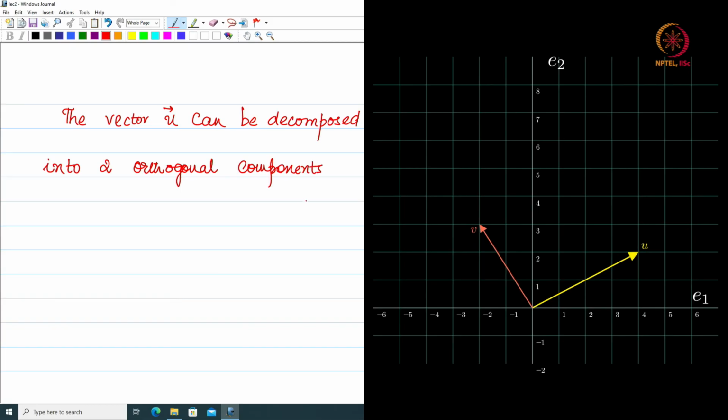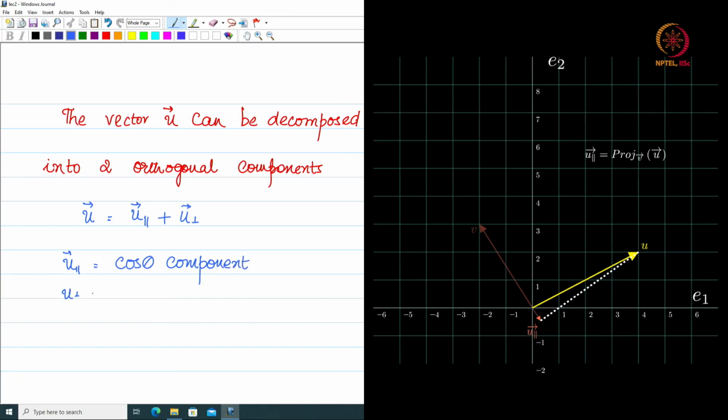Into two orthogonal components, namely let us say we will call them u parallel and u perpendicular. So, I am going to write u is equal to u parallel plus u perpendicular, where u parallel is basically the cos theta component and u perpendicular is basically the sin theta component that I have.